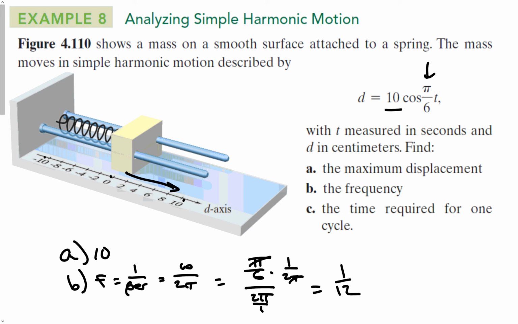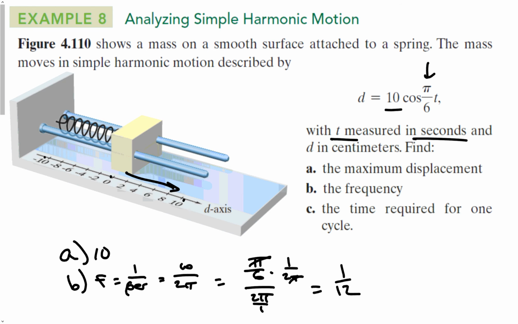So that means that this goes through 1/12 of an oscillation per unit of time, and the time t is measured in seconds.